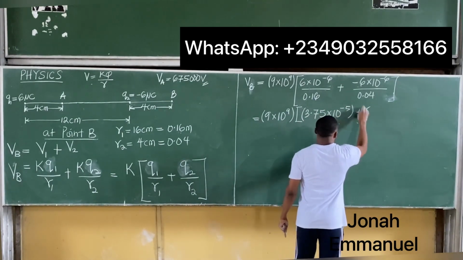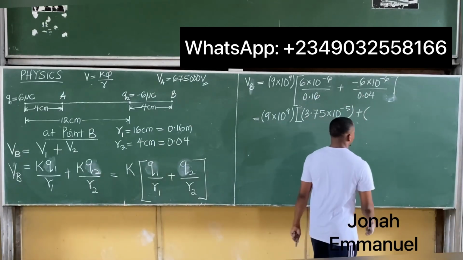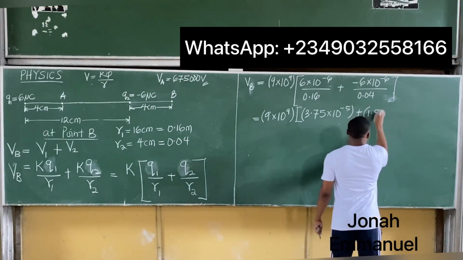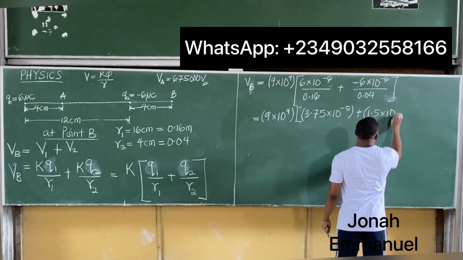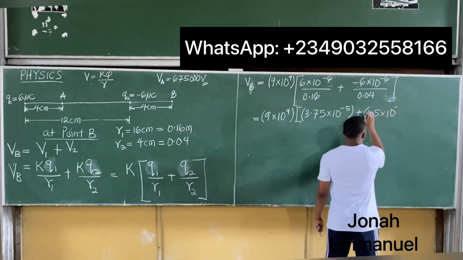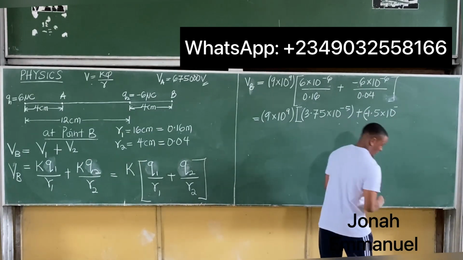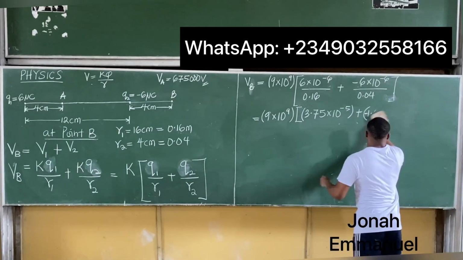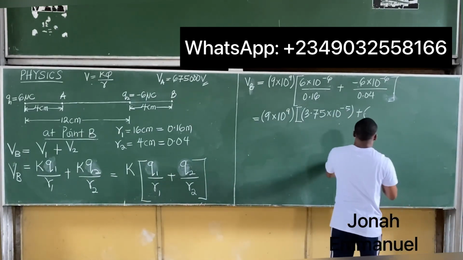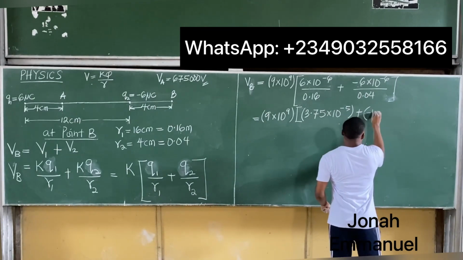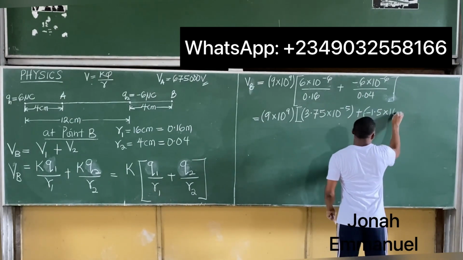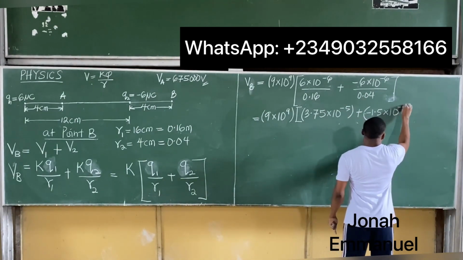Okay, plus, give me this one here. 1.5 times 10 to the power what? Minus 1.5, excuse me, this and this gives you minus 1.5 times 10 to the power minus 4.